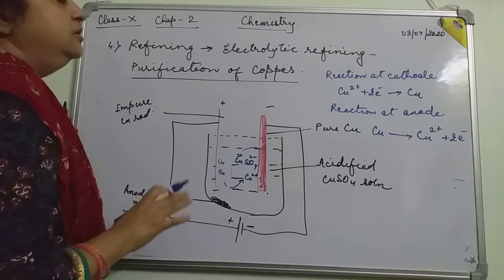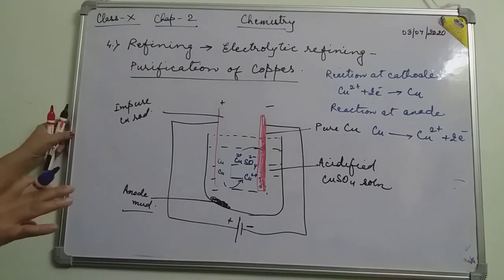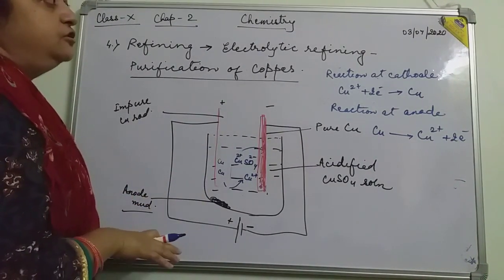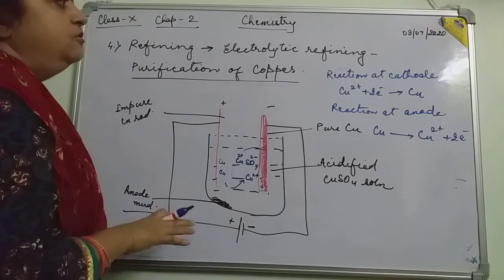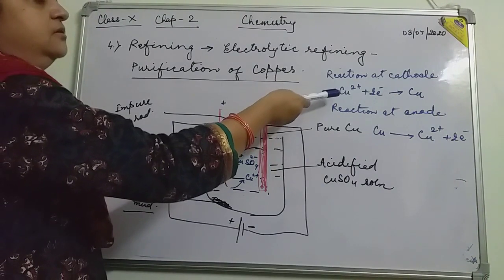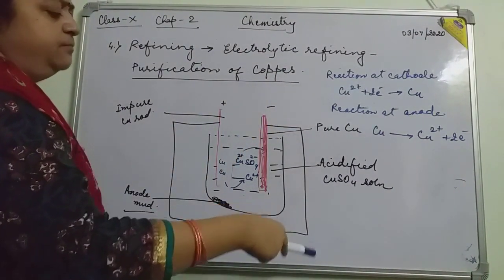In your exam, this is a 3 marks question: purification by electrolytic refining. Explain the process of electrolytic refining of copper by copper sulfate solution. You must explain the reaction in brief.